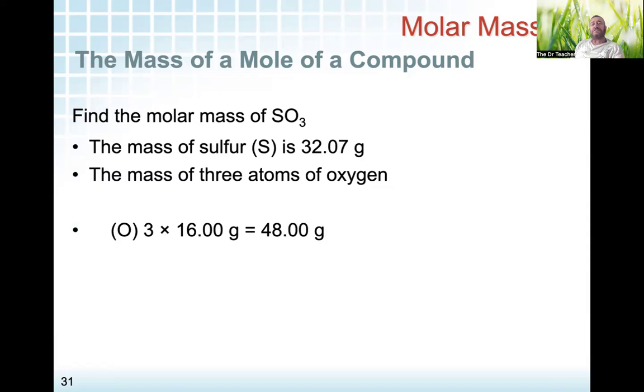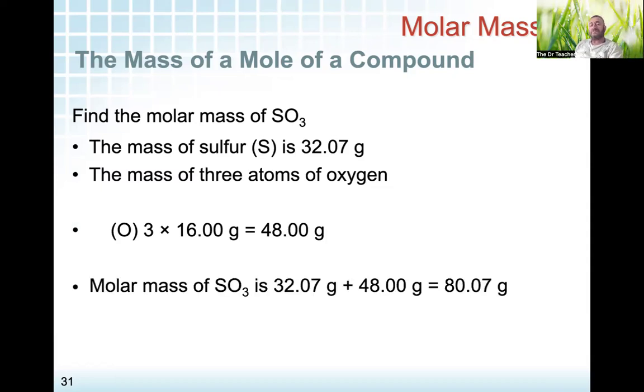So now we have sulfur 32.07 gram. We have 3 oxygen at 48 grams. So now molar mass of SO3 is what? You add together 32 for the sulfur plus 48.